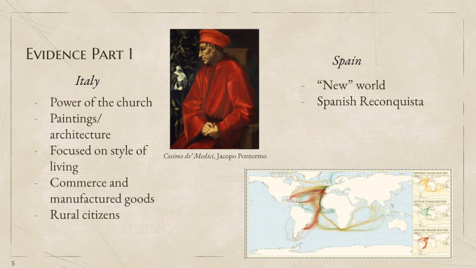And then going on to the next point, which connects with paintings and architecture. Italy was huge on art and their architecture. There's so many churches that were built and paintings that were commissioned. And as you can see on the right, we have Cosimo de' Medici, painted by, I'm not going to pronounce it. I don't want to pronounce it wrong for my Italian friends out there.